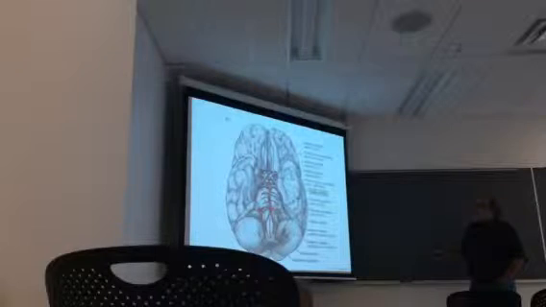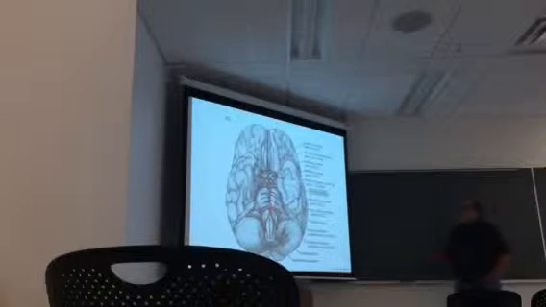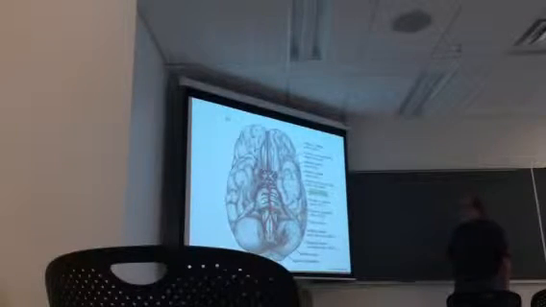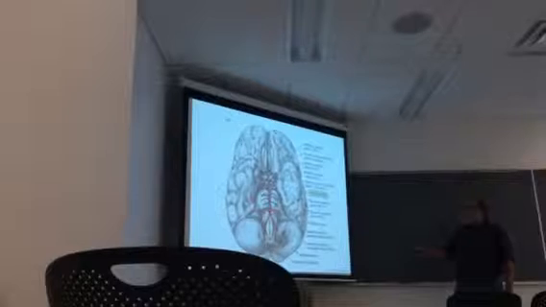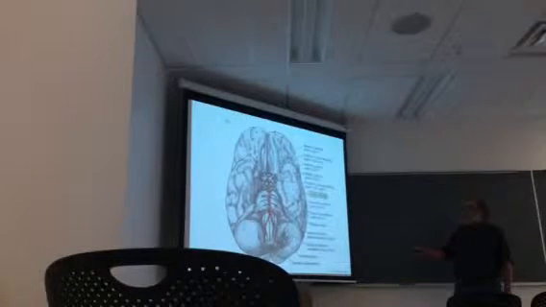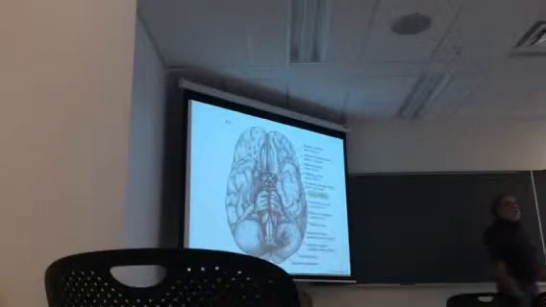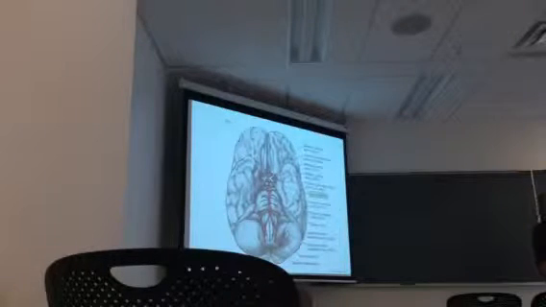The first branches, well, technically the most posterior branches here, are the anterior inferior cerebellar arteries, coming off of the basilar. These are going to take blood flow to the cerebellum.